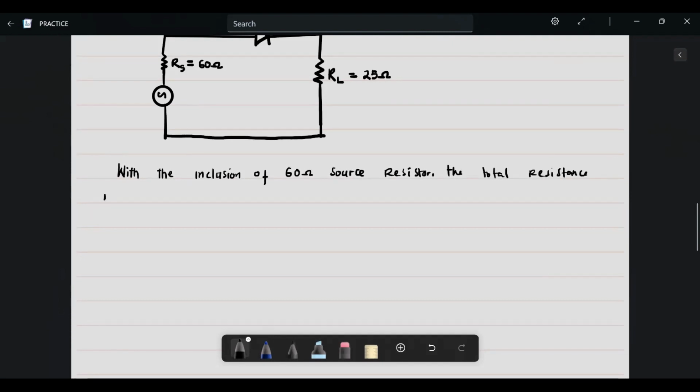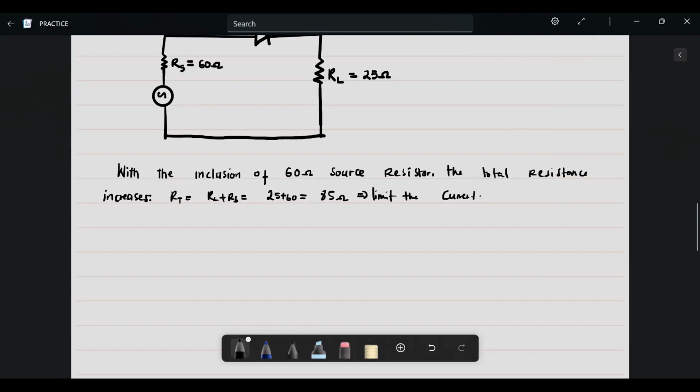So this total resistance is going to increase. So R total, therefore, is equal to RL plus RS, which is 25 plus 60, so 85 ohms. So this is going to limit the current.